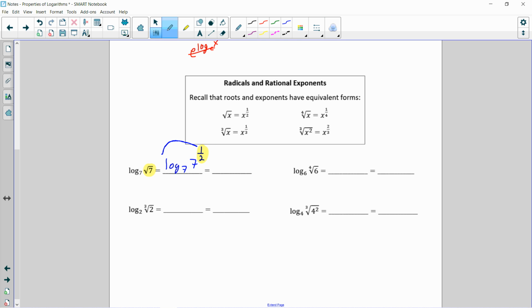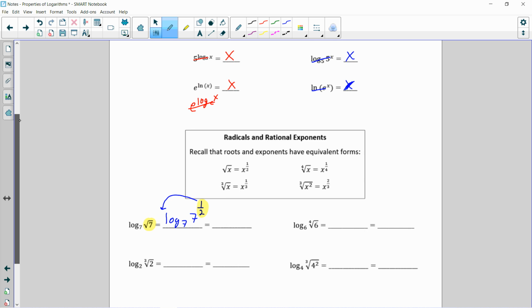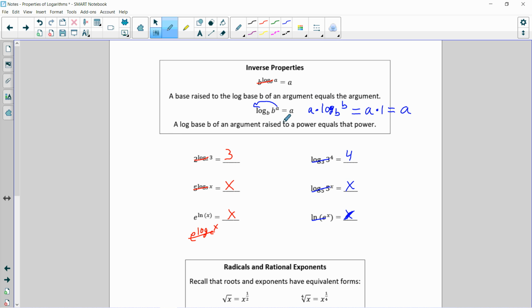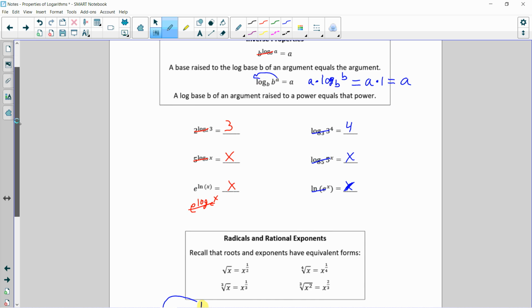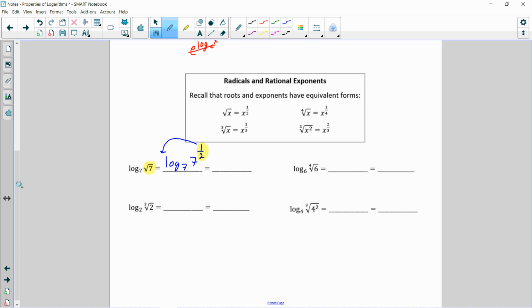And now we can actually pull that power out, using the property that we just talked about up here, so we get 1/2 log base 7 of 7.